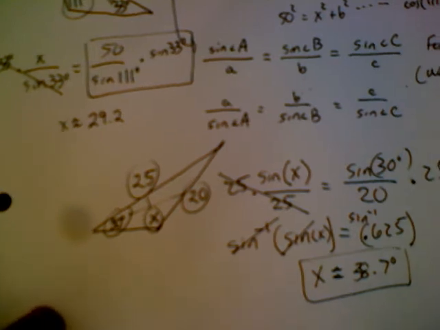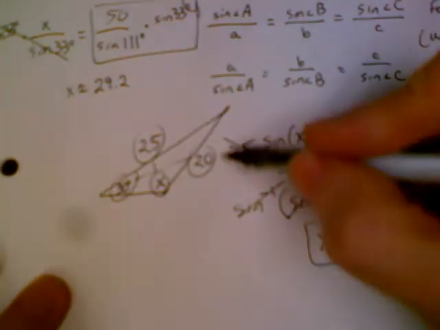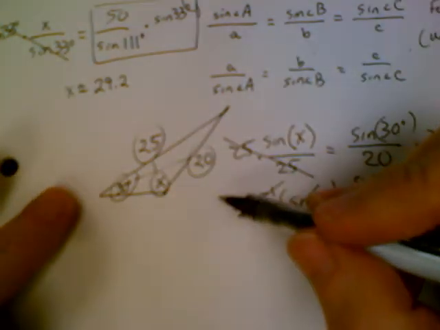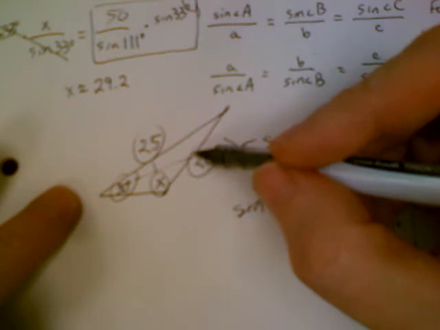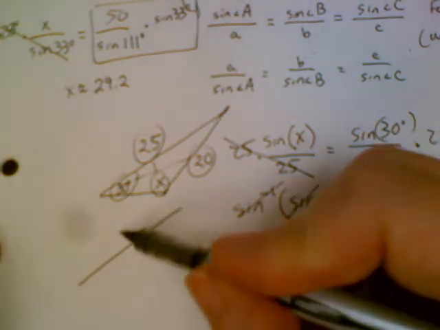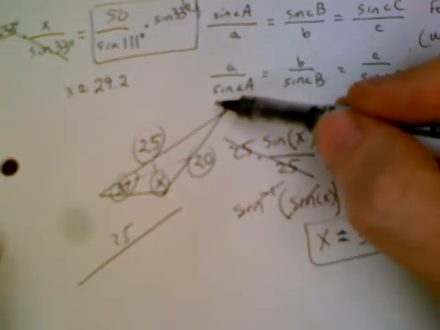Oh, but here's another catch. I could redraw this diagram, and keeping all of this information the same, the diagram would look quite different, but all the values would still look reasonable. Let me show you what I mean. Let's start out with a 25 unit length on the left, just like that one.